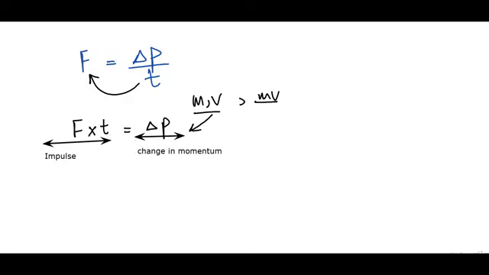Sometimes the confusion he creates is that he will use the name impulse, although it is force times time, but he will give you the values of mass and velocity. And sometimes in words he will use the phrase change in momentum, but in reality he will give you the values of force and time. So you don't need to be confused, because both sides are equal to each other.